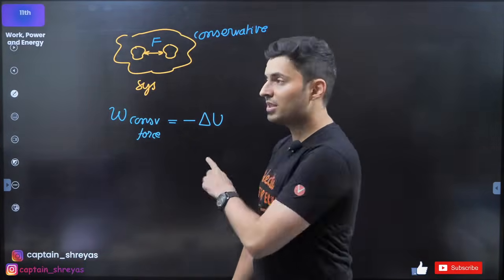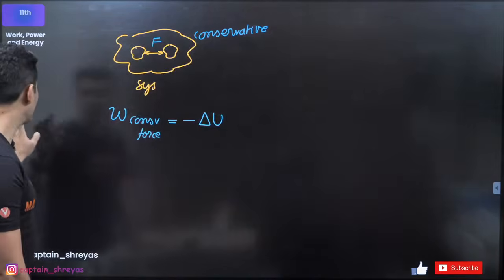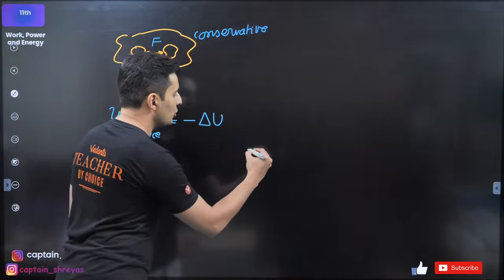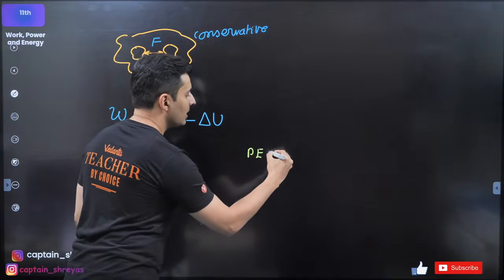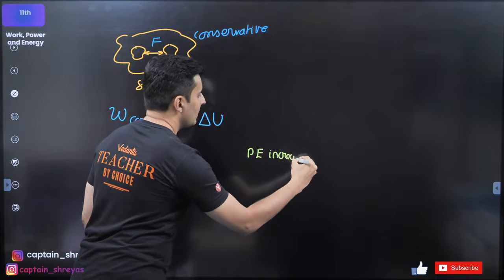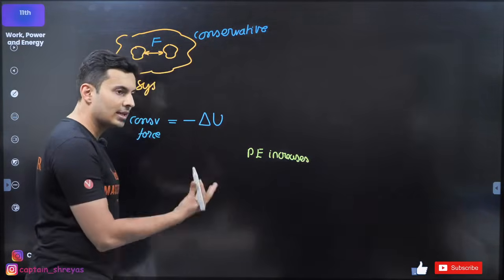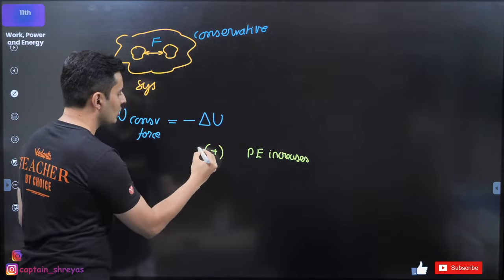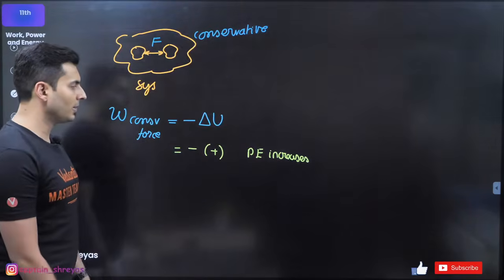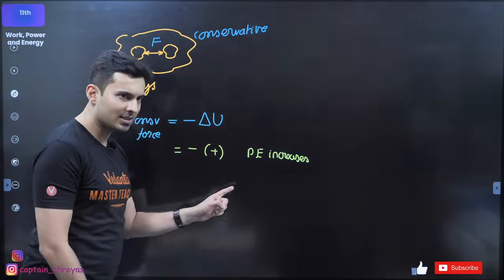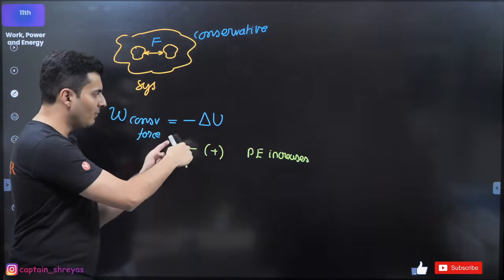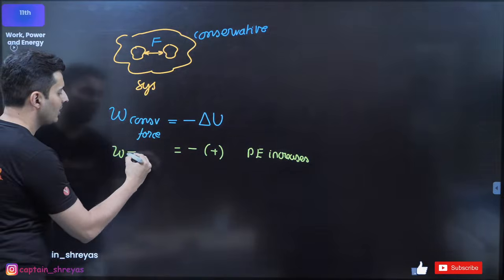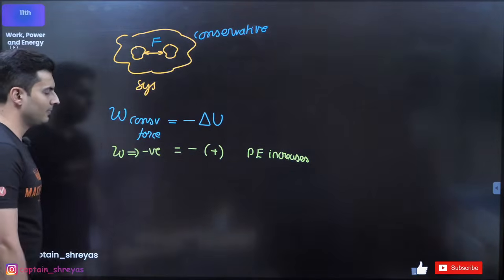Why is that negative sign there? You should understand. Observe carefully. Imagine a situation where the potential energy increases. That means delta U will be positive, so it will be the negative of that positive number. If potential energy increases, delta U will be positive, minus of positive is negative. So the work done will also be negative.